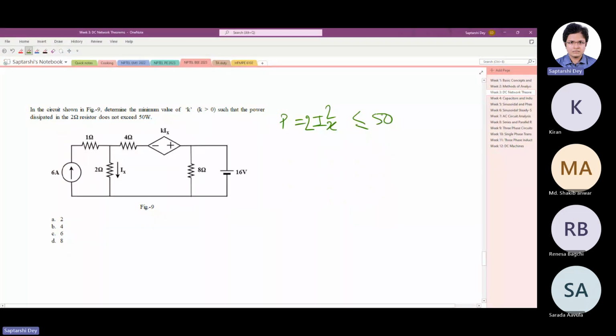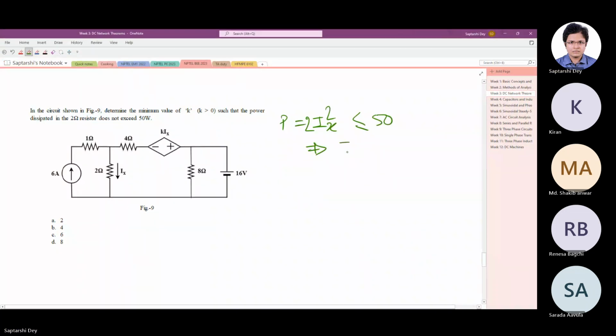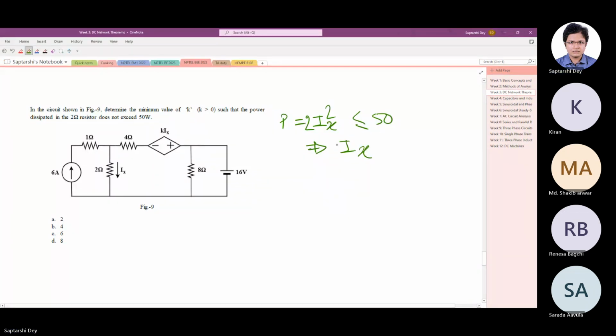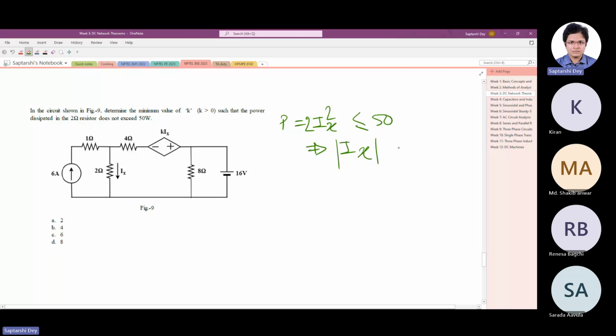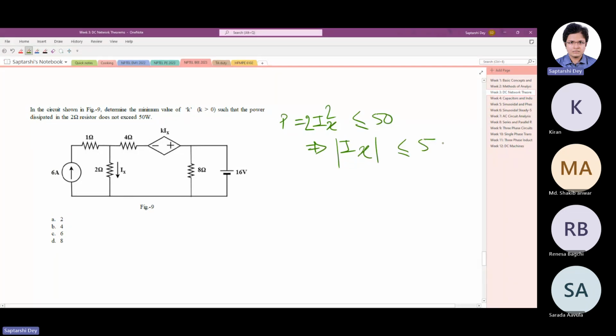So basically what we have is Ix, or mod Ix, should be less or equals 5. Mod Ix because we do not know which direction current will flow.